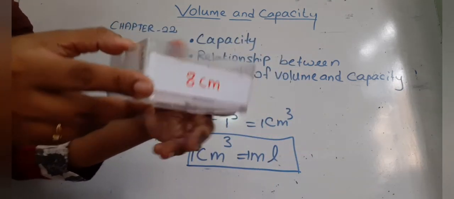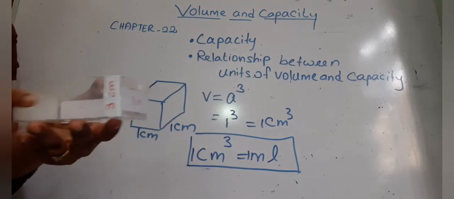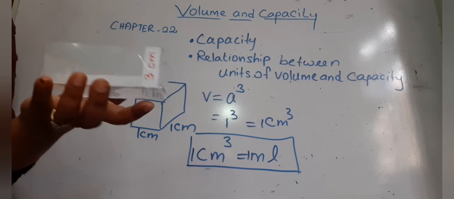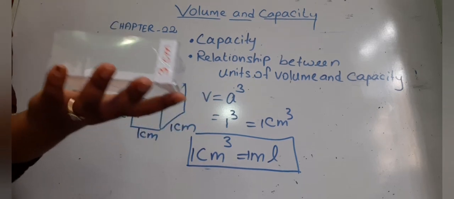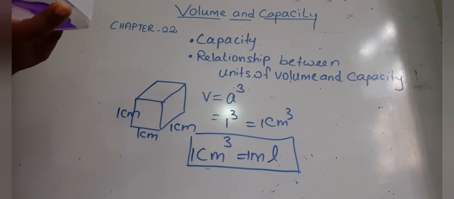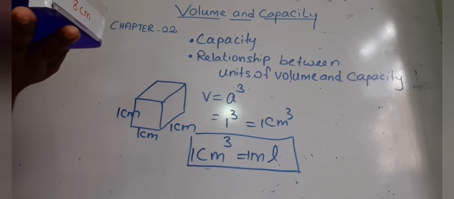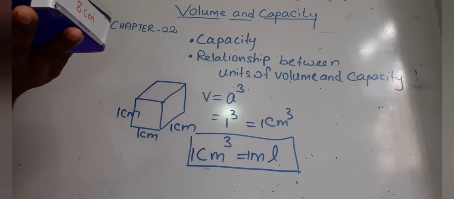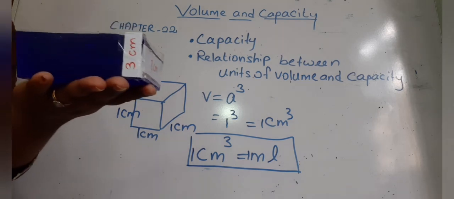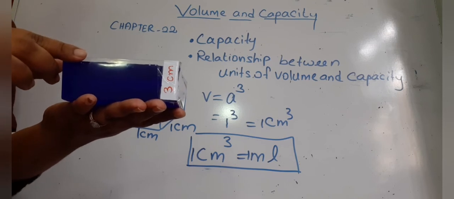Breadth is 8 and the height is 3 centimeters. So what I am going to do here is pour the liquid to the maximum of this container. So now you can see I have filled the container completely.